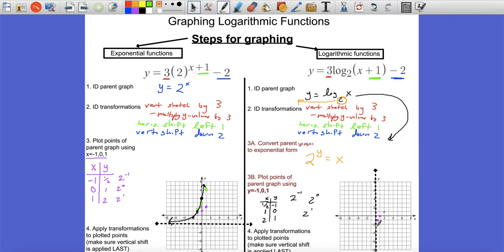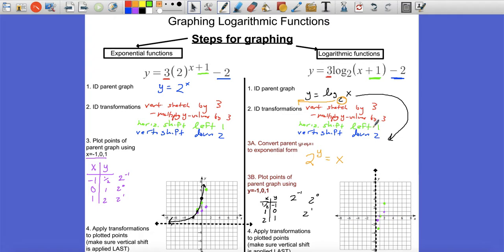Our y value was -1, so it's going to go down to -3. The x value still stays at 1/2. So 1/2, -3 down here. This one at 0, 0 times 3 is still 0, so this one's just going to stay right there. And then 1 goes up to 3, because 1 times 3 is 3. So those are our 3 points. It's going to be a more stretched out curve.